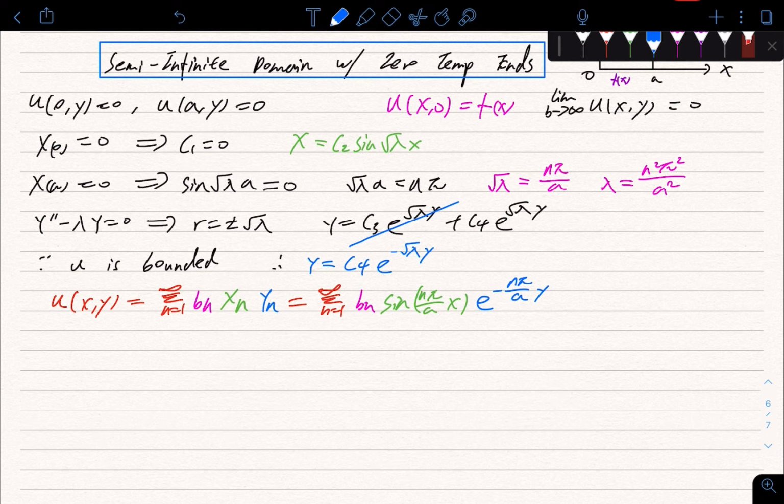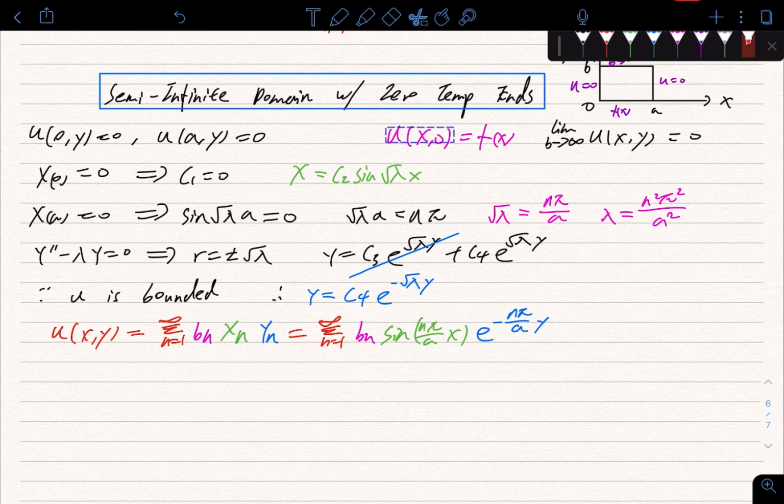So we're just putting all the pieces together. And the last boundary condition is the one that we have not used yet.